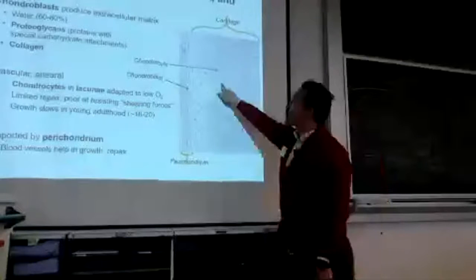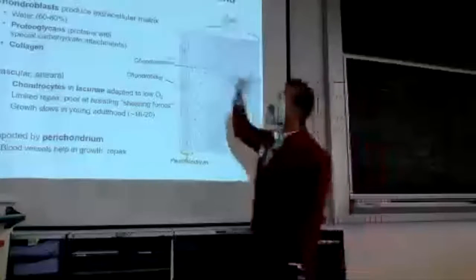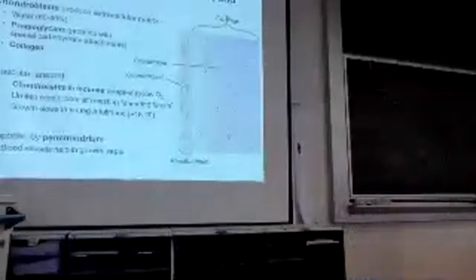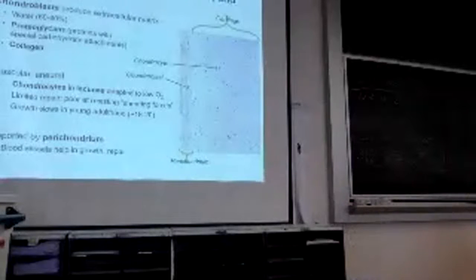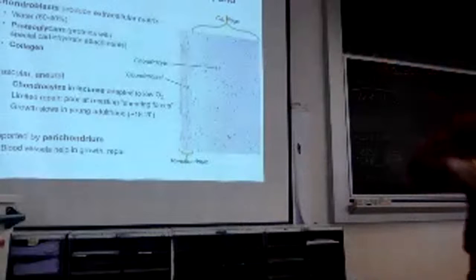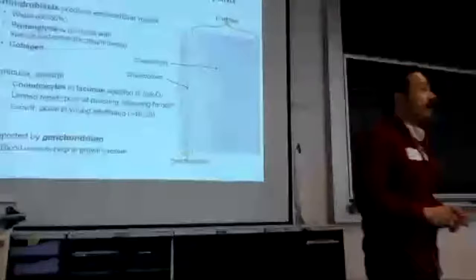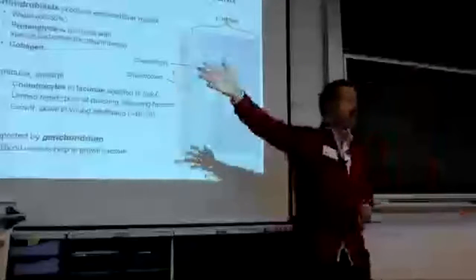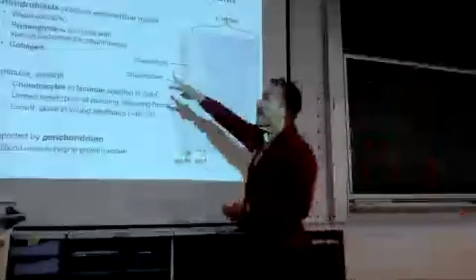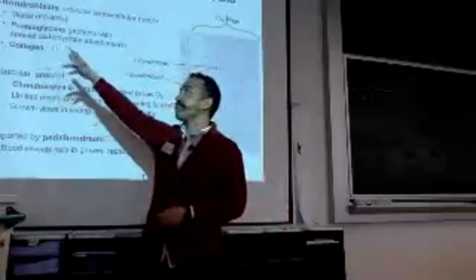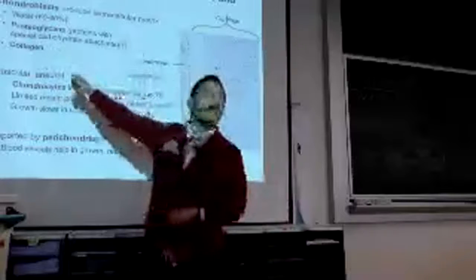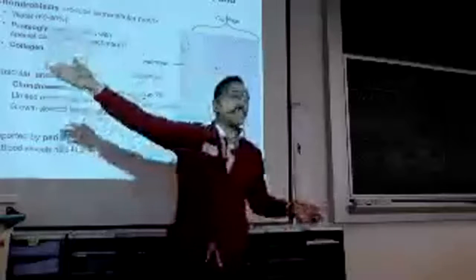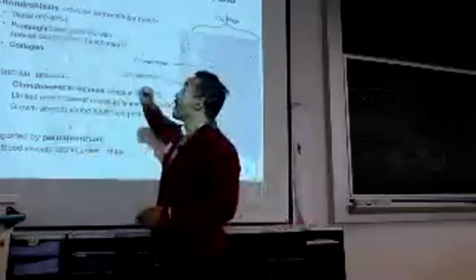This extracellular matrix is mostly water. Even if you feel your own cartilage, you know it's squishier. It's not as hard as bone. So water makes it that squishy. But of course there's other stuff, it's not just pure water. The 2 things I want you to know are these 2 molecules. Collagen, as we've discussed, is found in a lot of connective tissues, and it's found in cartilage.